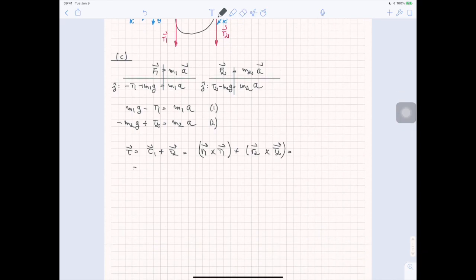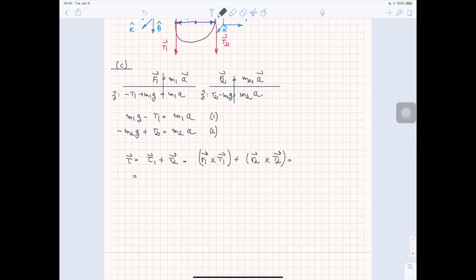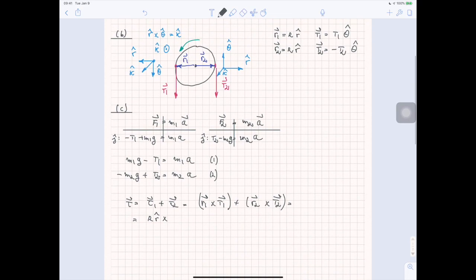Now we can replace these vectors. So we have then R hat cross, and really that's why you should make sure that you formulate these vectors beforehand really clearly using your unit vectors. Now it's just a matter of replacing these vectors in your formulation as unit vectors.